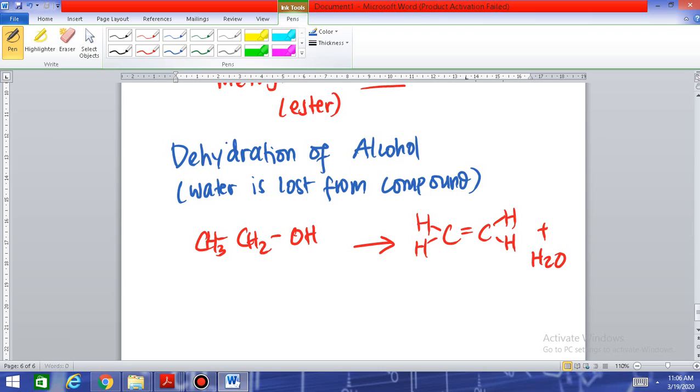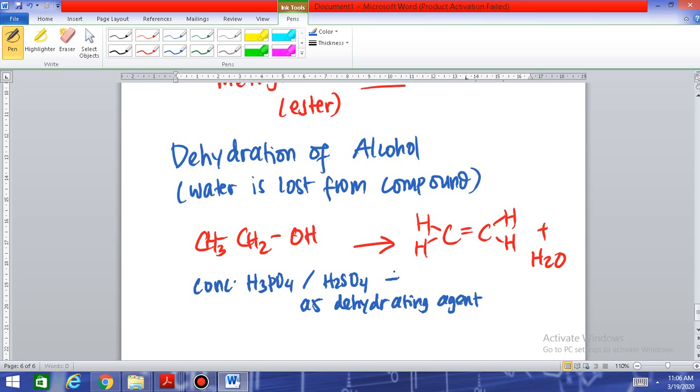The condition needed is concentrated phosphoric acid or sulfuric acid as dehydrating agent, and you can also use hot aluminum oxide, and heat is needed.